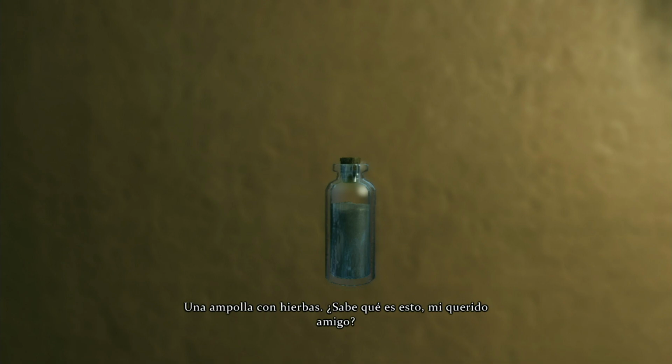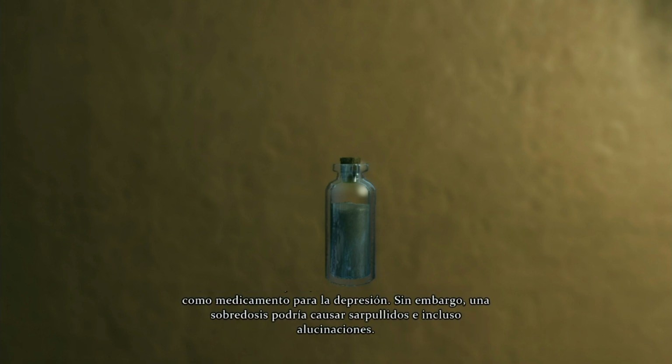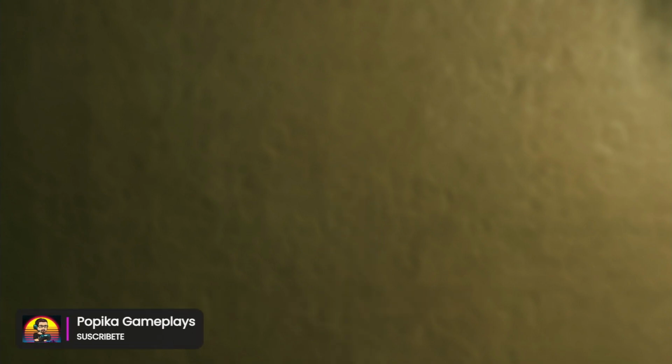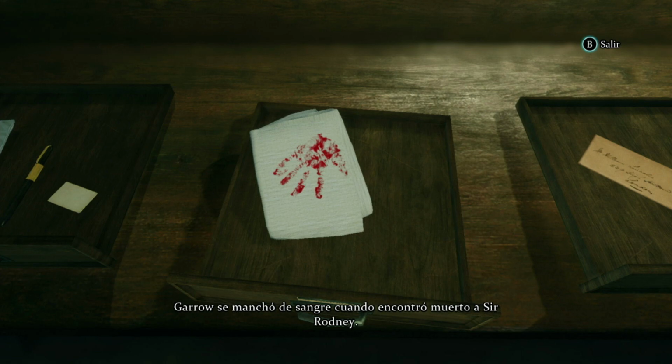A phial with herbs. Do you know what it is, my dear fellow? It's the St. John's wort flower, Holmes. It's commonly used as a drug against melancholia. However, an overdosage might lead to a rash or even hallucinations. When Garrow found Sir Rodney dead, he wiped the blood upon himself.